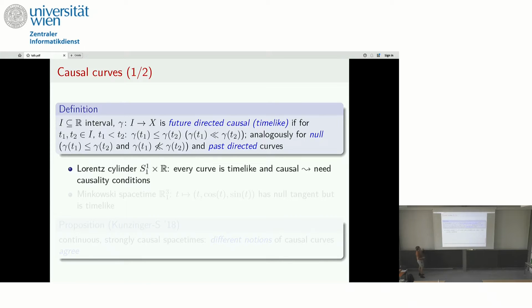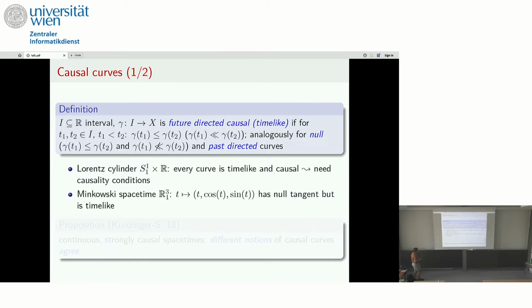So if you take the Lorentz cylinder, which is just a strip in Minkowski spacetime, and you identify, then what happens is that you get closed causal curves. So this would be the local light cone. But if you go here, then you come back here. And from here, you can go again 45 degrees. So actually, every pair of points is causally related. So every curve is time-like and causal. So this tells you that you need some causality conditions.